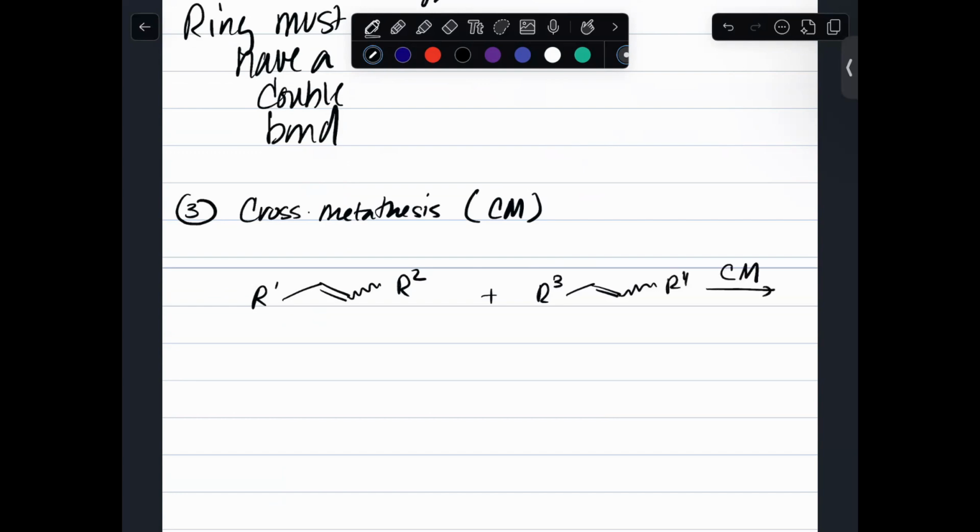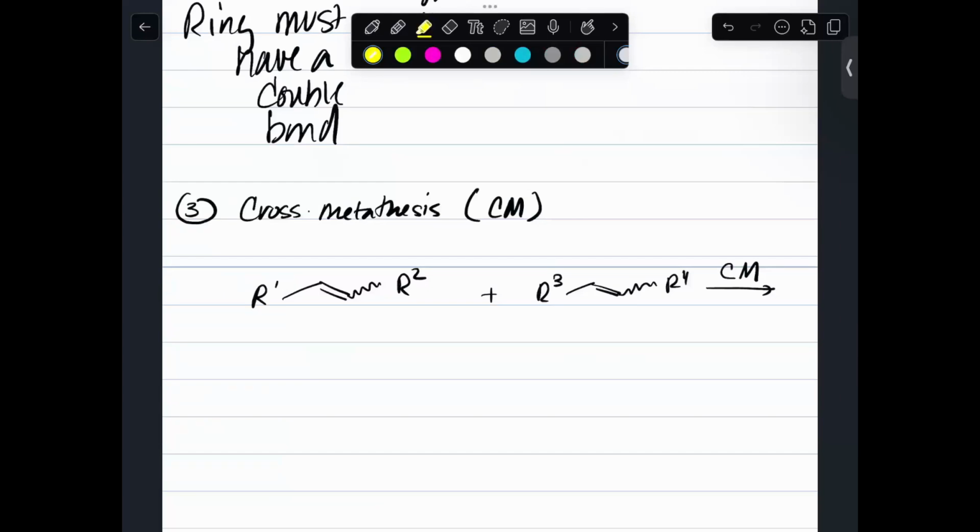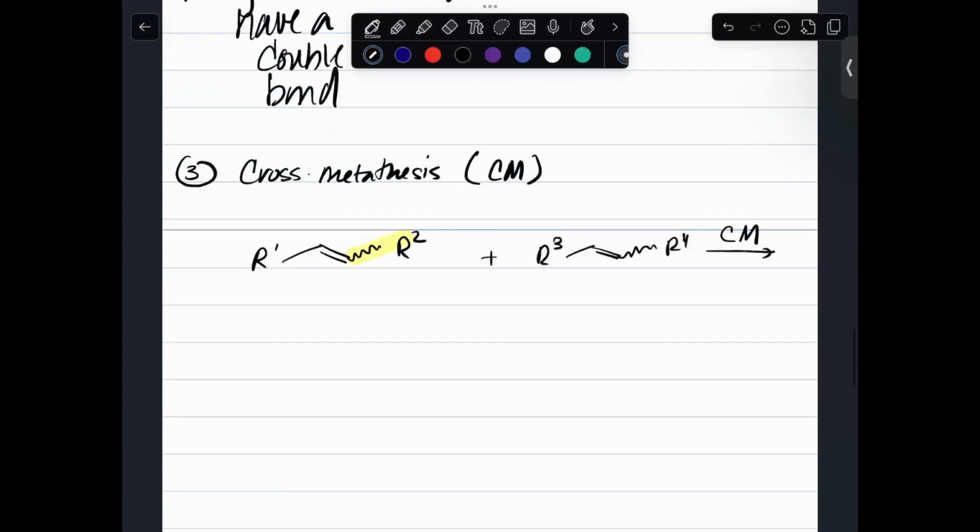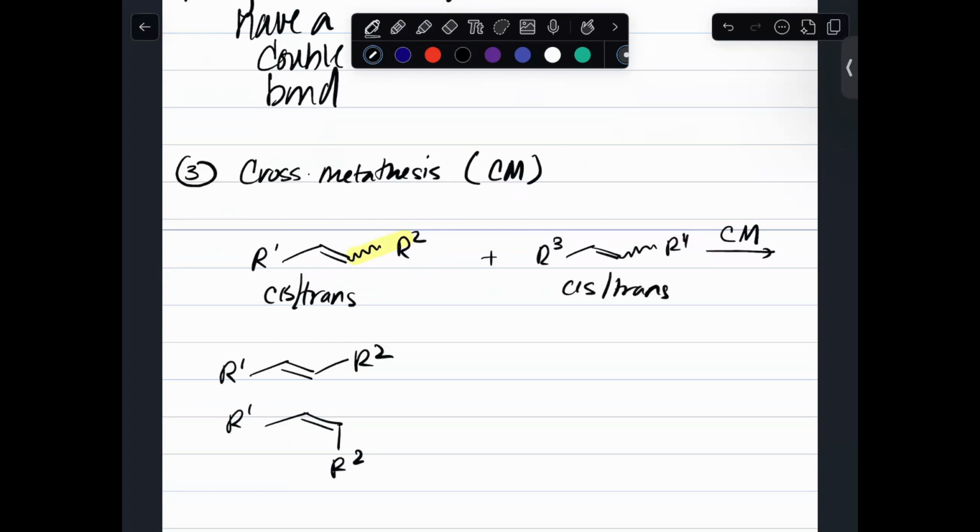And the reason I drew out this squiggly line is to indicate that you can have both the cis and the trans alkene. So you can have the trans alkene and the cis alkene. Same thing with this one. You can have the cis and the trans as your starting materials.